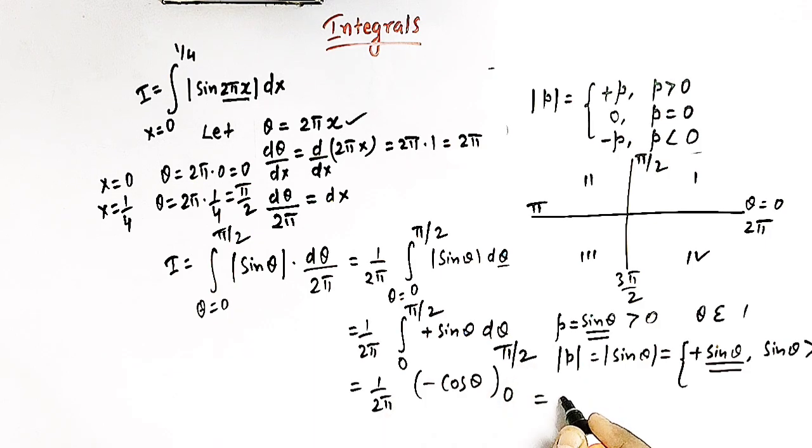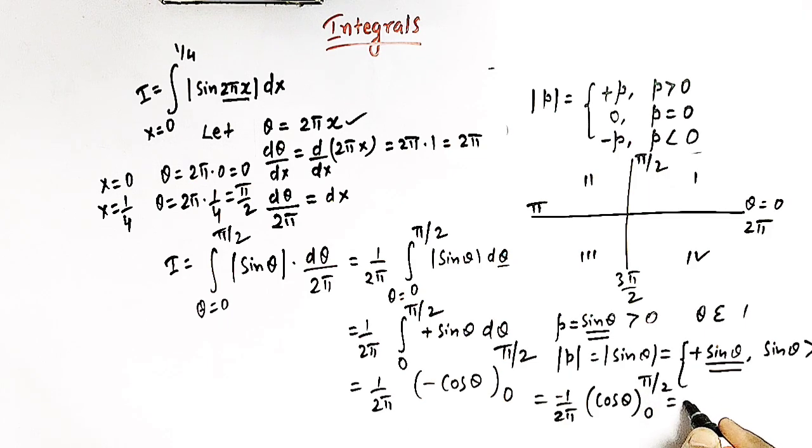So now we can write this negative sign outside here. We have minus 1 over 2 pi, then we have cosine theta, and limits are from 0 to pi by 2. Now we can substitute the limits and we'll take the difference. So we have cos pi by 2 minus cos of 0, right?